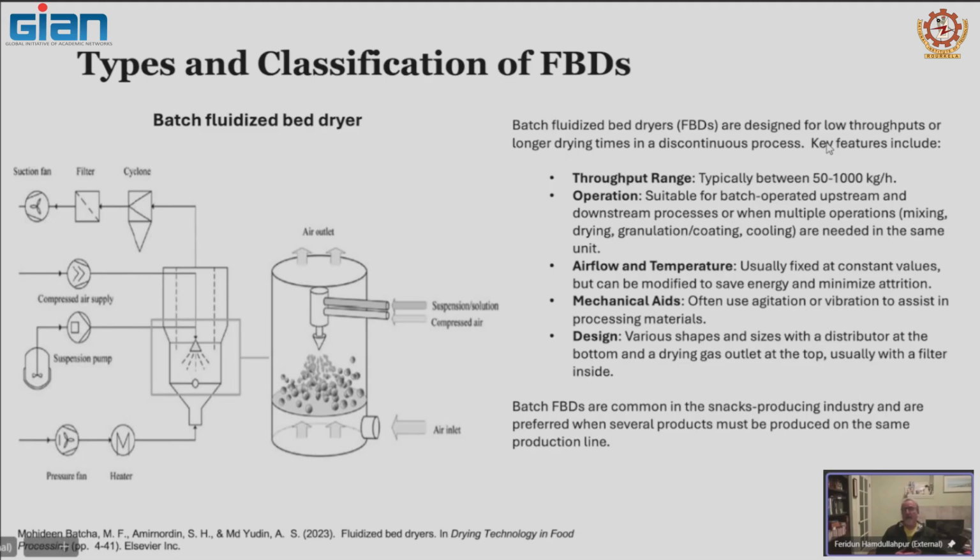This is suitable for batch operated upstream and downstream processes, or when multiple operations are required for granulation, coating, sifting, anything. Airflow and temperature can be minimized again in order to save energy, or you can modify it.